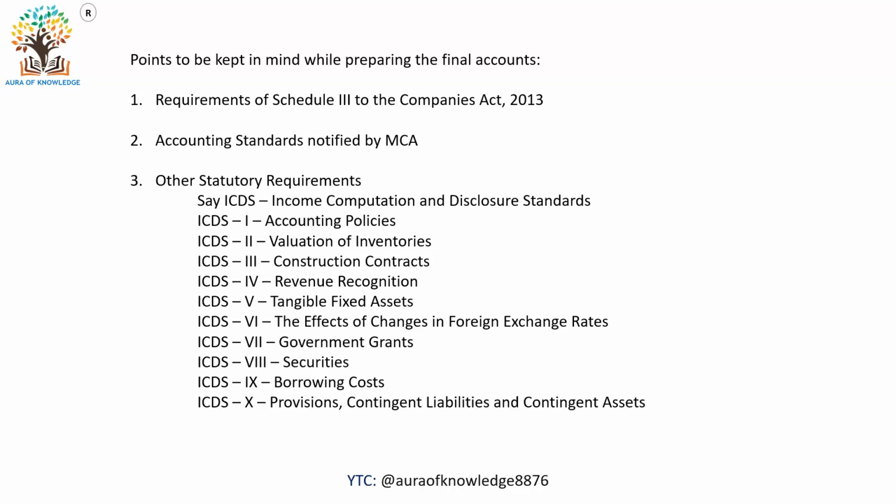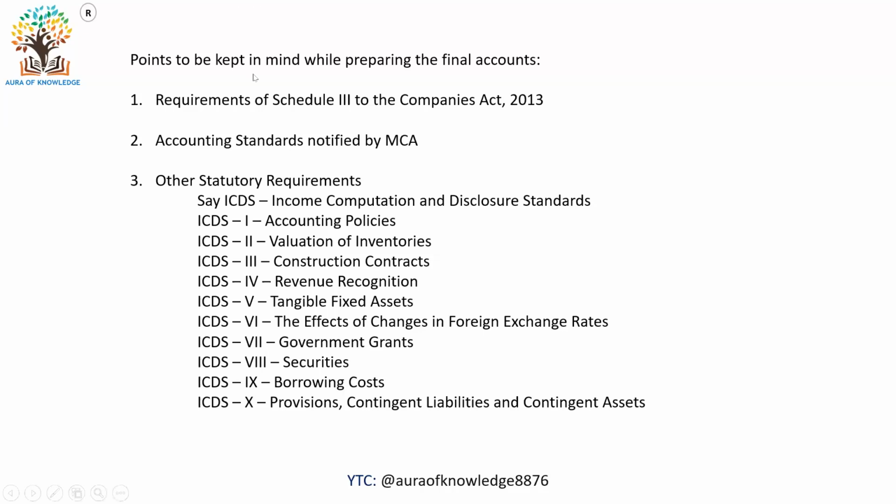The same way, like we prepare a schedule of fixed assets for the Companies Act separately and for the Income Tax Act separately, wherever there is a gap between the standards and the income tax rules, they have given the standards for income computation and disclosure also. So there you have to comply with this also.